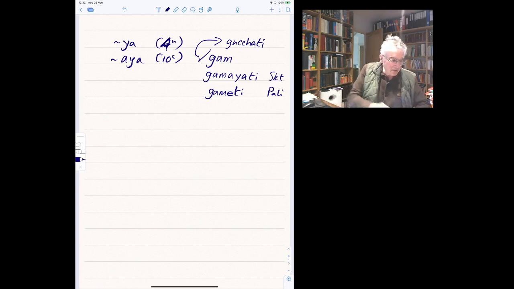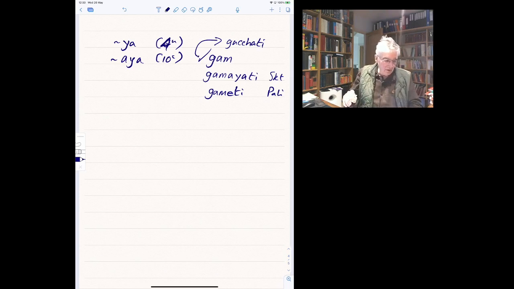So let's go down to what it says on page 32 now. 10th class verbs add the gana sign aya before the second and third person endings, and lengthened, as always, to aya before the first person endings. That's ami, ava, and ayami, ayava, ayama for the first person. The 10th class is called churadi, meaning beginning with chur, to steal, the first verb of the group.